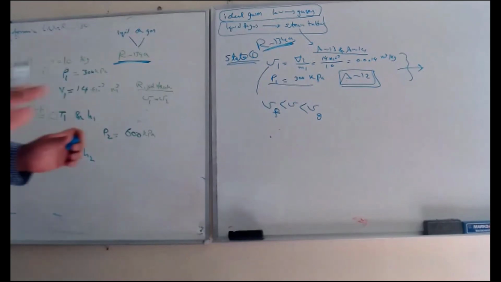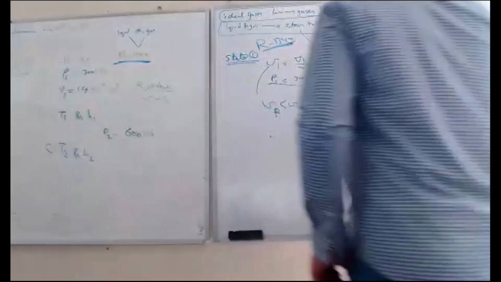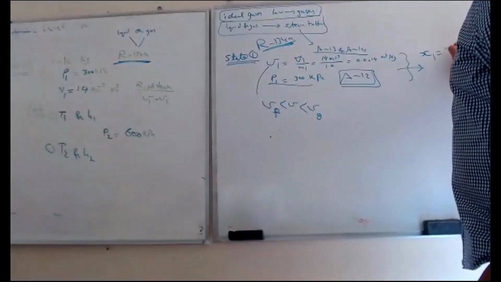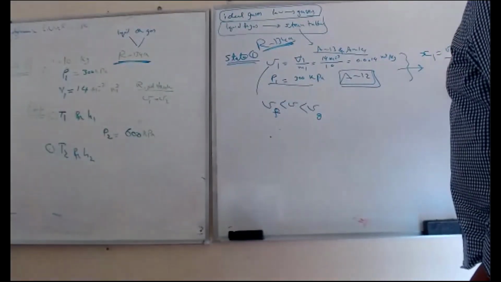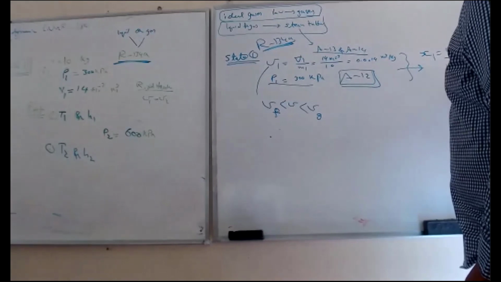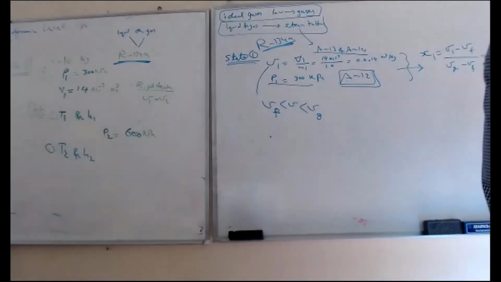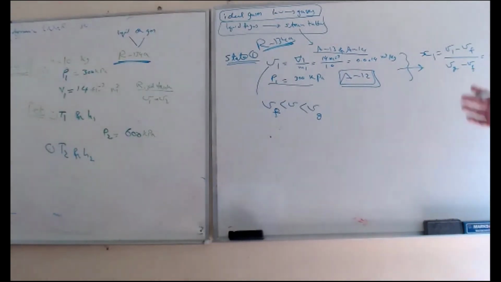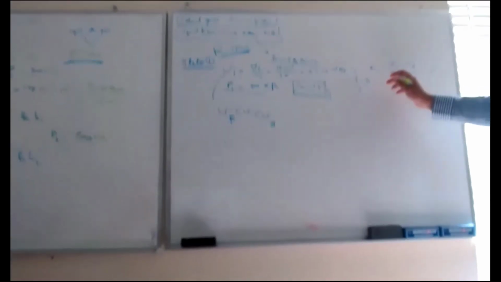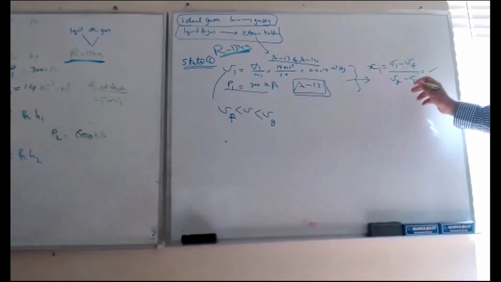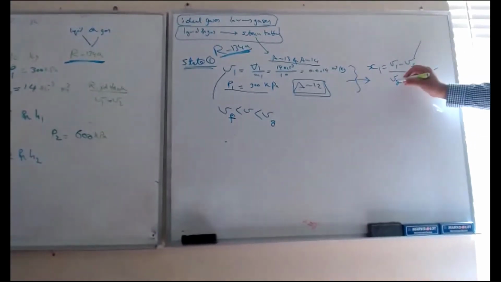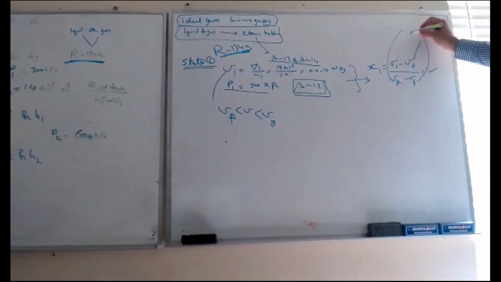That's easy, very good. So from here we can get X, the quality, which is V1 minus VF over VG minus VF. You can get the quality: how much mass of the vapor. These parameters are at pressure 300 kilopascal, table A12. Clear, guys?